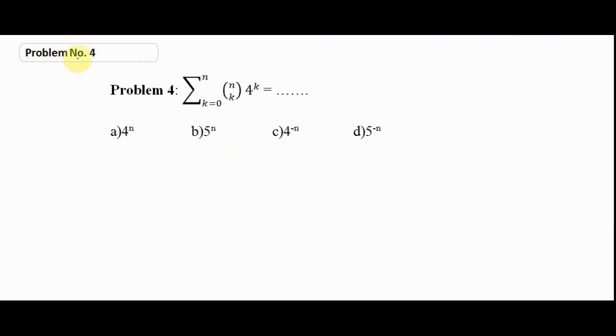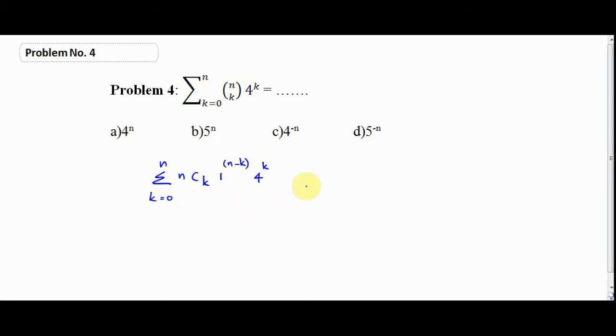Problem number 4. Sigma k equal to 0 to n, nCk 4^k is equal to. Let's rewrite this expression as sigma k equal to 0 to n, nCk into 1^(n - k) into 4^k.